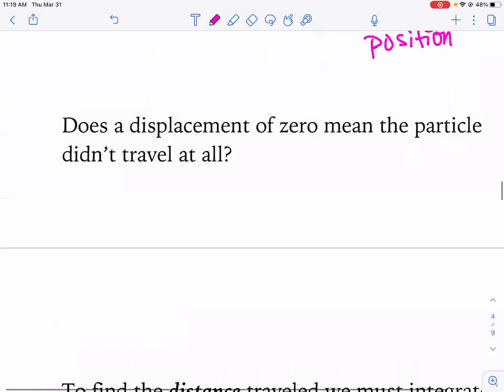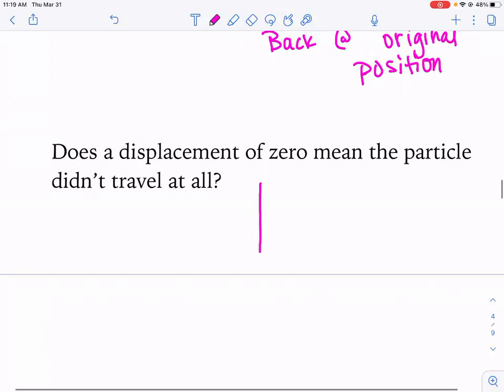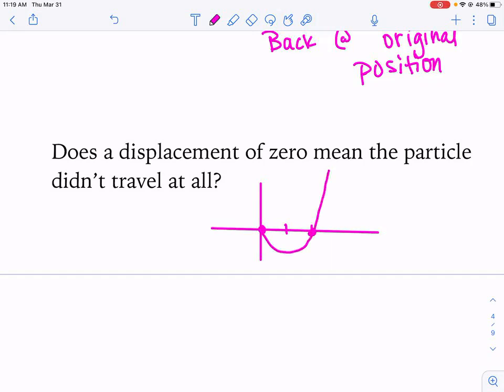Okay, let's talk about what this graph looks like. So 0, 2, we have a parabola, and then there's 3. So what do you say about area?